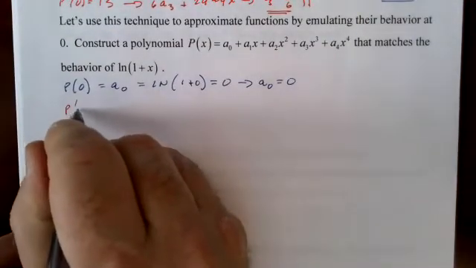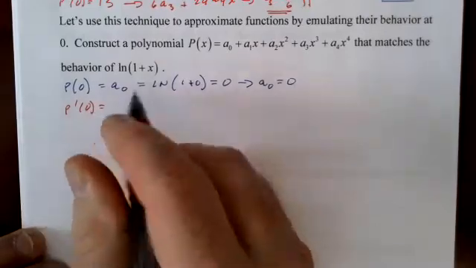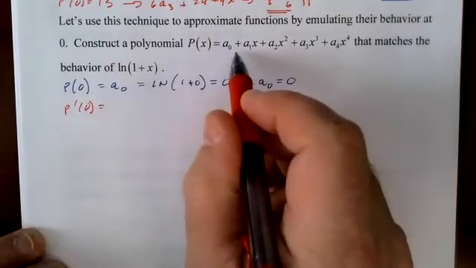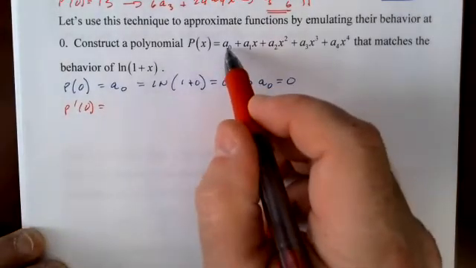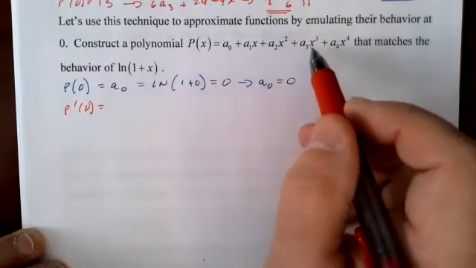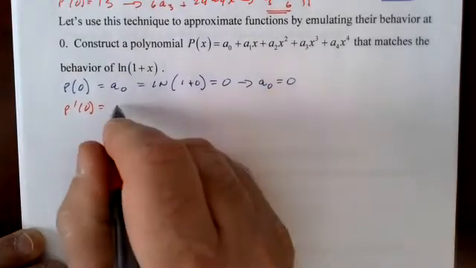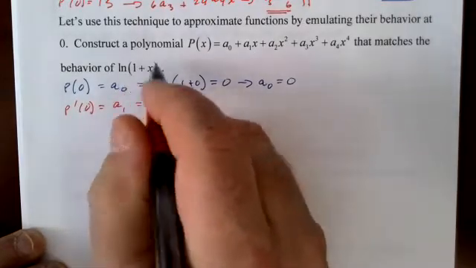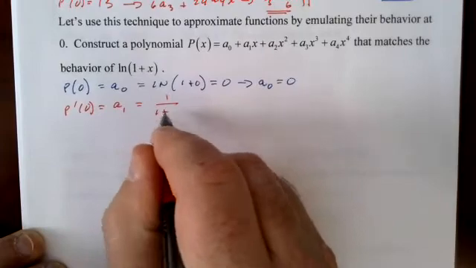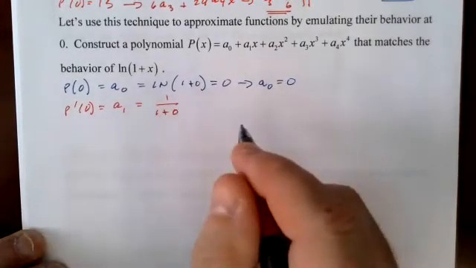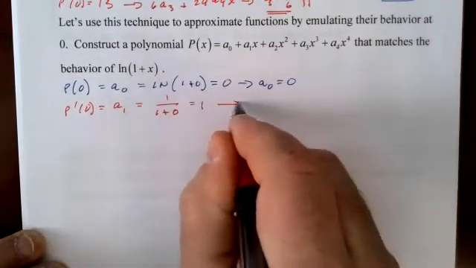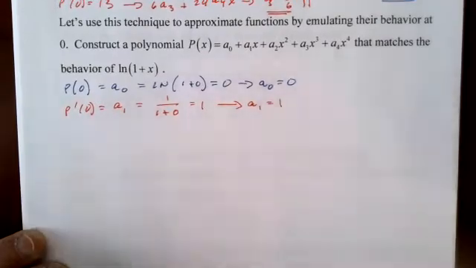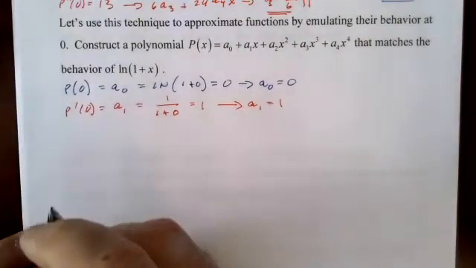P prime of 0 equals, I'm going to shortcut: derivative by derivative, x's are all going to vanish, just a1. Now what's the derivative of natural log? 1 over 1 plus, plug in 0, 0, equals 1. a1 equals 1.